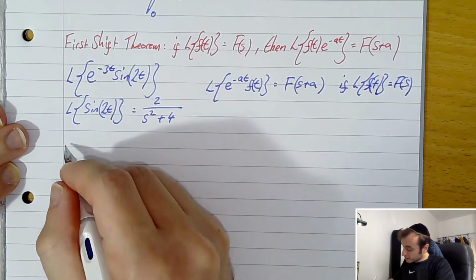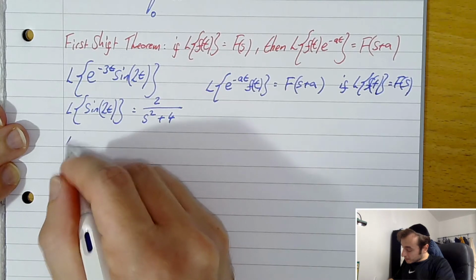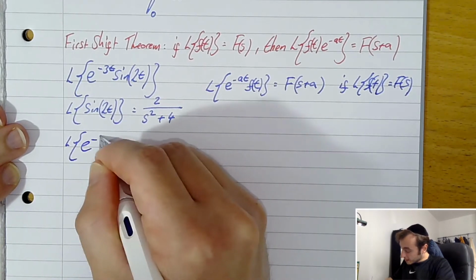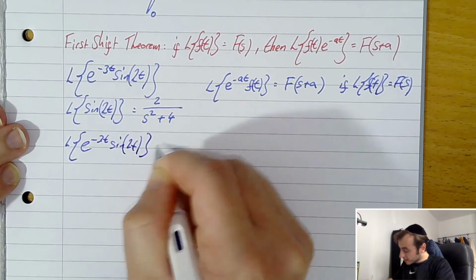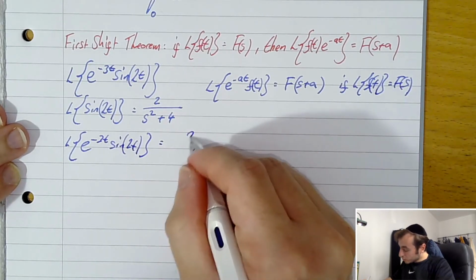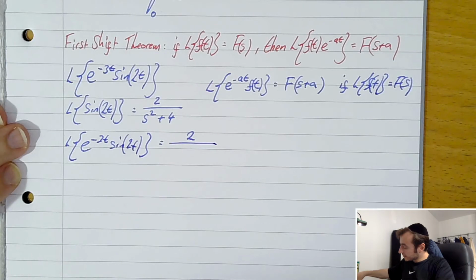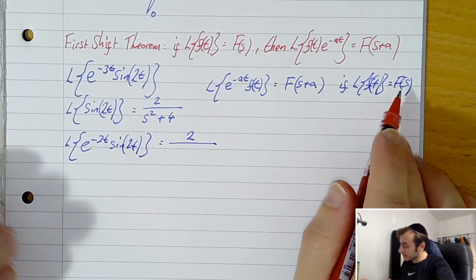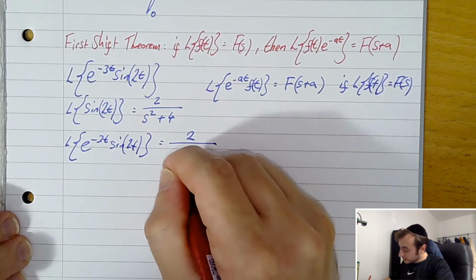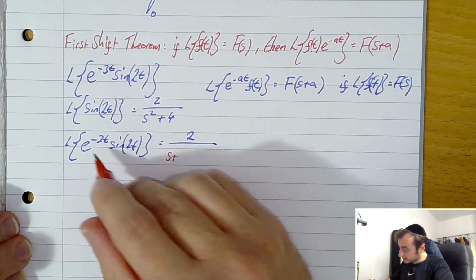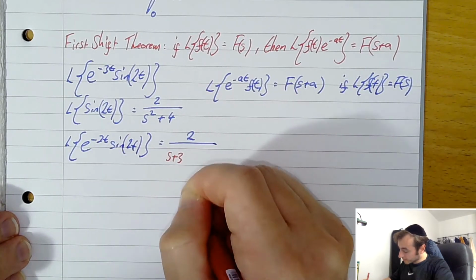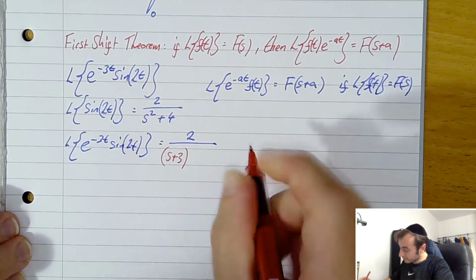So we can say that the Laplace transform of e to the minus 3t sine 2t is going to equal 2 over s, well, s is now going to be s plus a, so s plus a, where a in this case is 3.